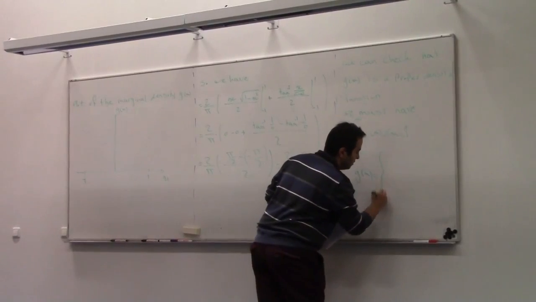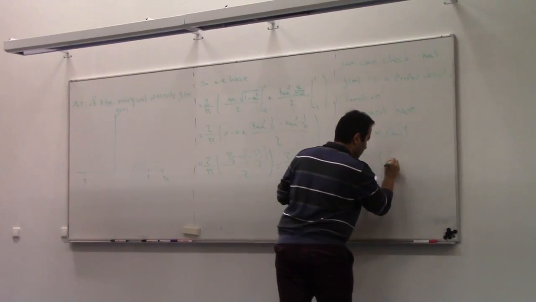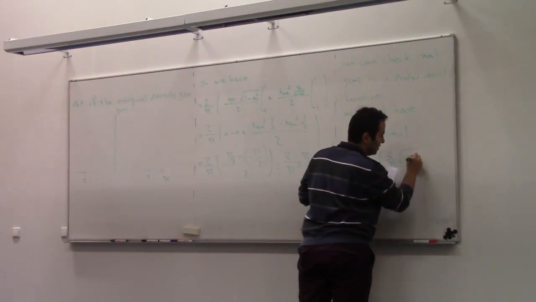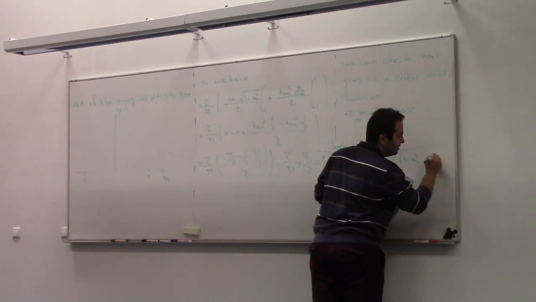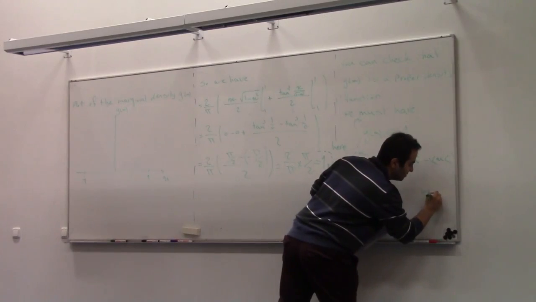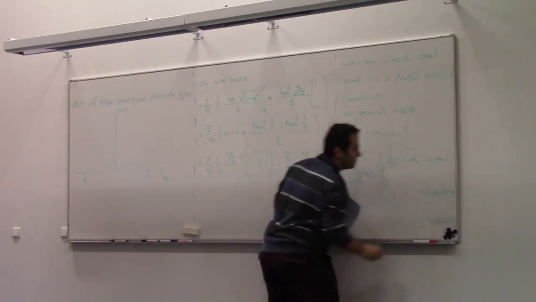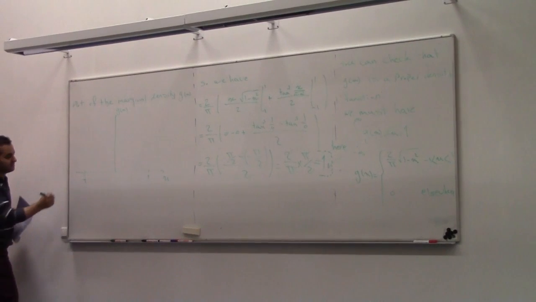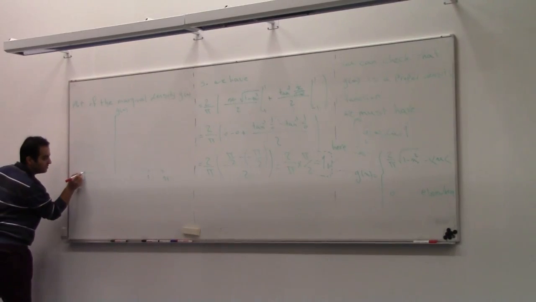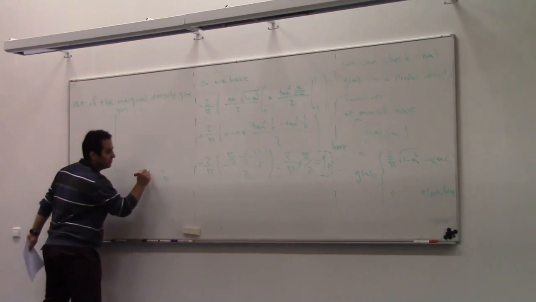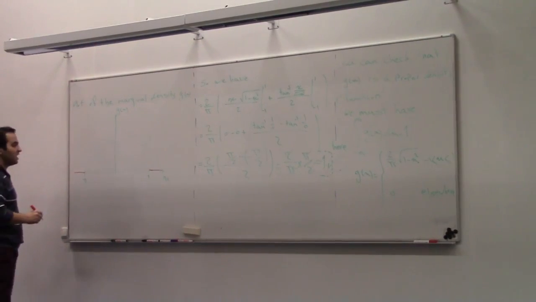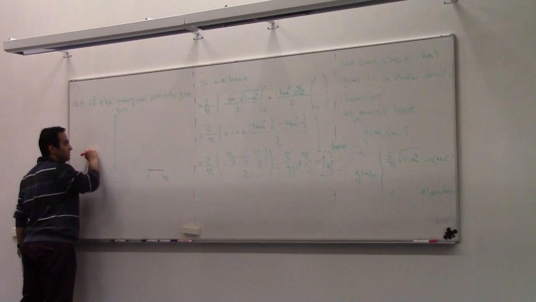Jx equals 2 over pi times the square root of 1 minus x squared, when x was between minus 1 and 1, and 0 elsewhere. Then we know that before minus 1 and after 1, the value is equal to 0. But between minus 1 and 1, we have a shape like this.